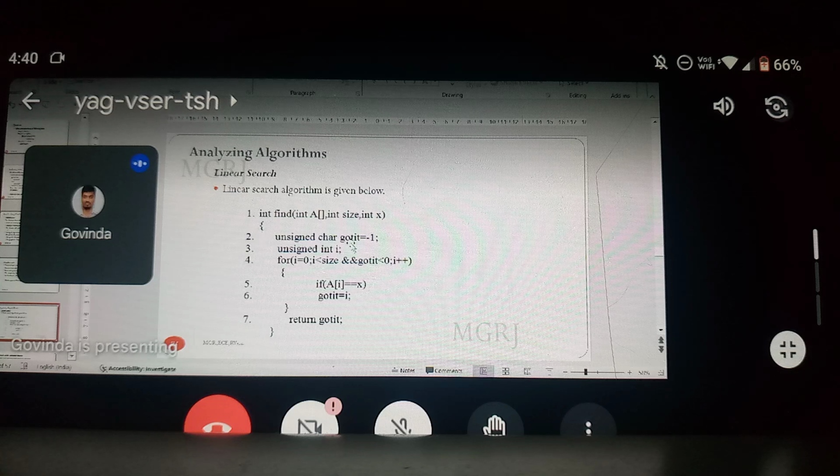Line number 2 is a constant time statement, executed only once. Line number 3 is a constant time statement. Line number 4: I is equal to 0 executes once. I less than size executes size times in the worst case, and I plus plus executes size times in the worst case. Inside the for loop, there is one comparison and an indexing statement. If a of I equals x, the comparison will execute size times in the worst case, and indexing will execute size times in the worst case.